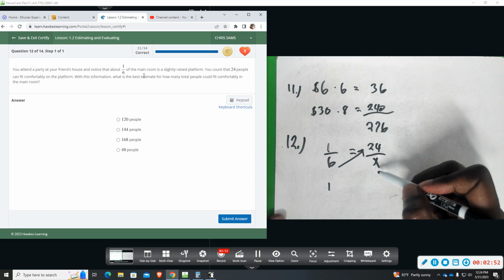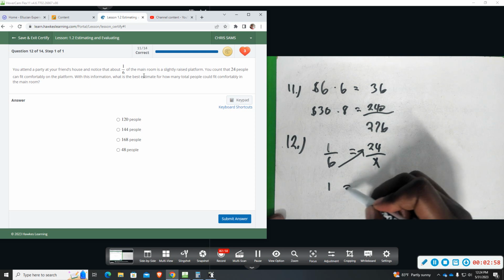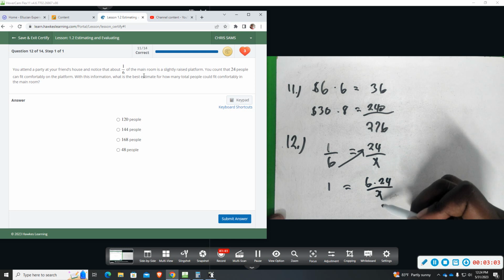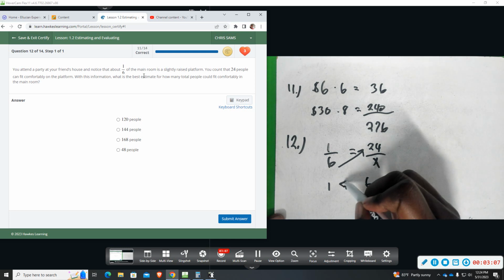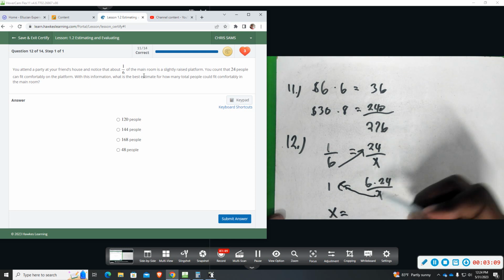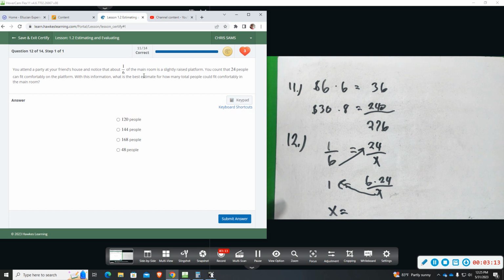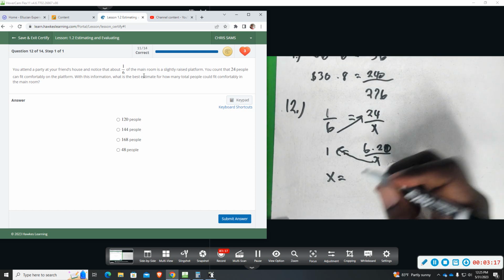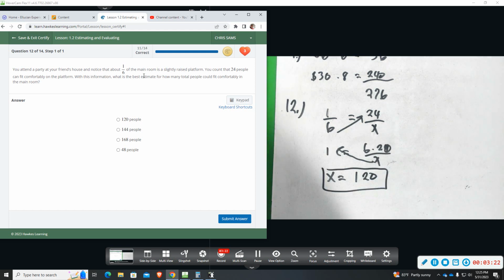Actually, is that the right way? Yep. Multiply by 24, so it's going to leave me with 1 equals 6 times 24 over x. And then we just multiply by x, basically cross multiply. So x, the total, equals 6 times 24. They want us to estimate those, so we'll say 20. 6 times 20 is 120, about 120 people total.